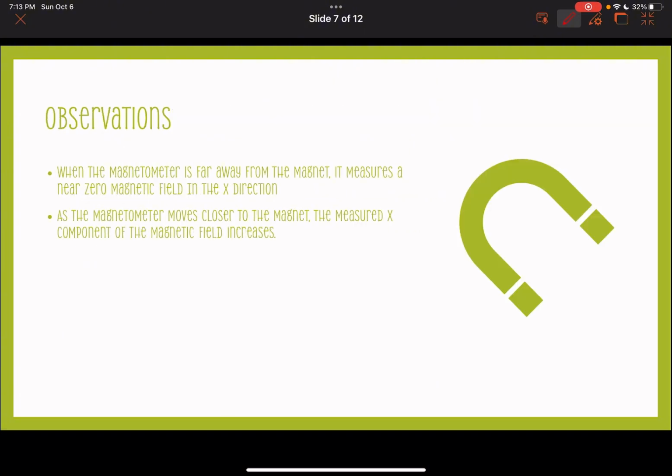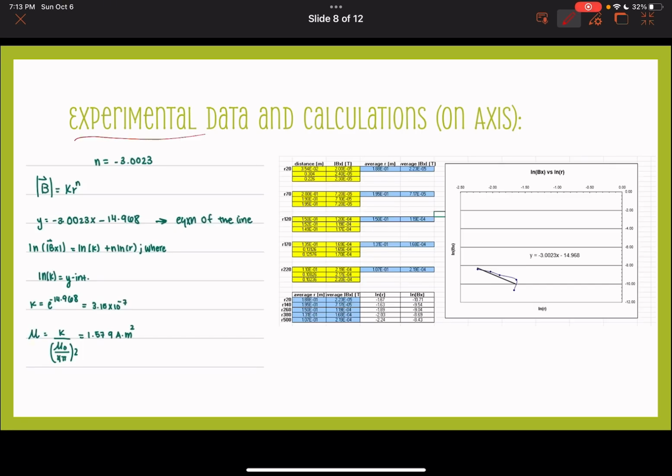Our observation is that when the magnetometer is far away from the magnet, it measures a near zero magnetic field in the X direction. But as the magnetometer moves closer to the magnet, the measured X component of the magnetic field increases. So this is our experimental data and calculations on axis.